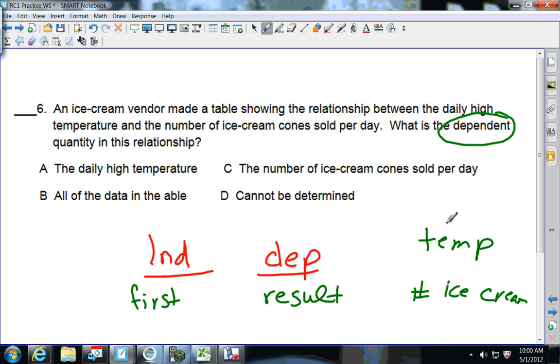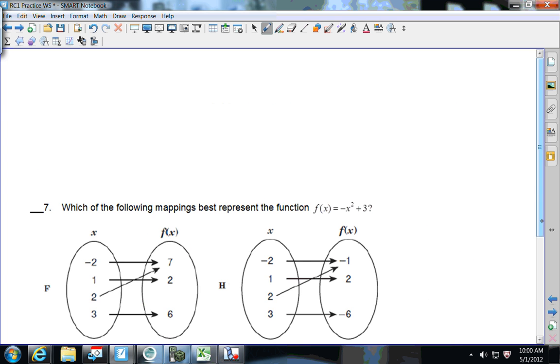Yeah, the higher temperature is going to be my independent, because the higher the temperature goes up, the more ice cream that ice cream truck is going to sell. So the dependent is going to be the number of ice cream cones sold per day. Number 7.